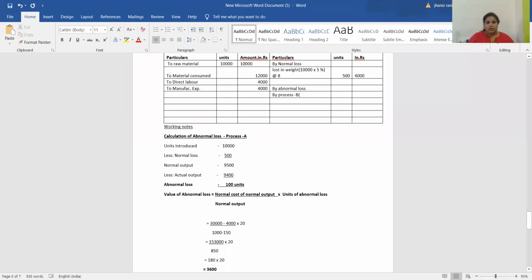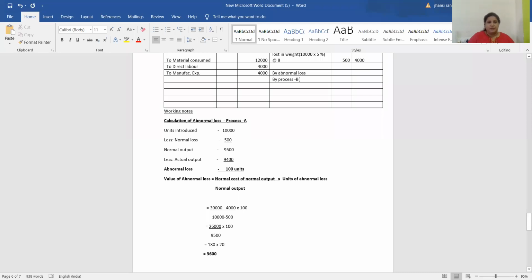On the debit side, we have 10,000 units minus normal loss units 500, and abnormal loss units we got just now, that is 100 units. If we simplify it here, 30,000 minus 4,000 comes to 26,000 divided by 10,000 minus 500, it will be 9,500 into abnormal loss units 100.